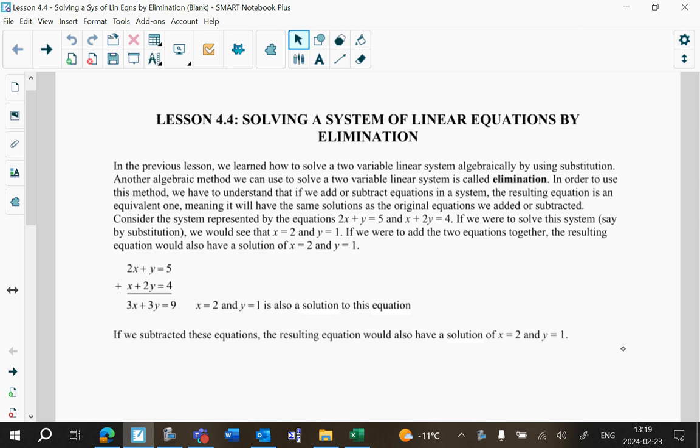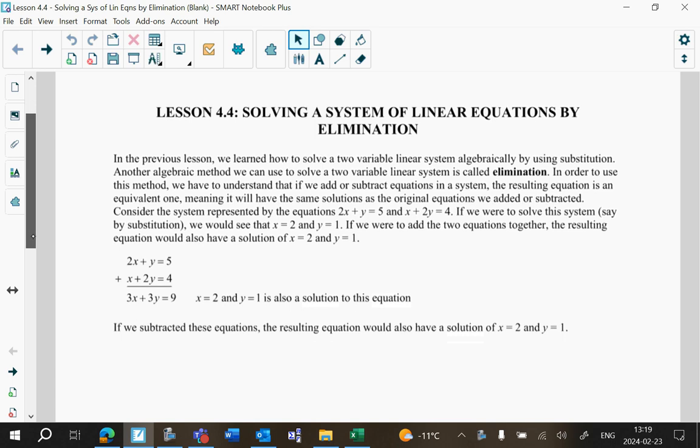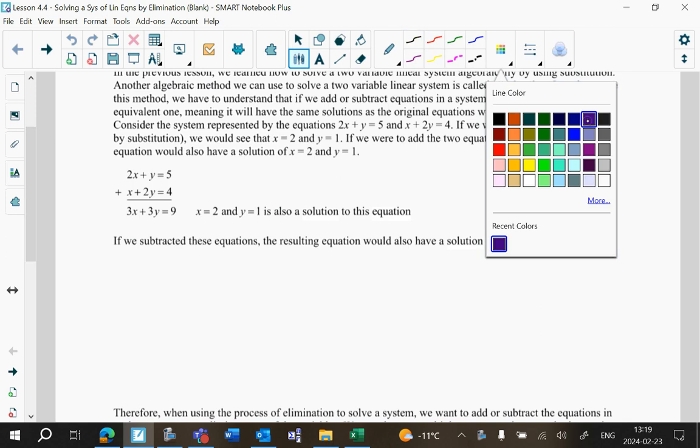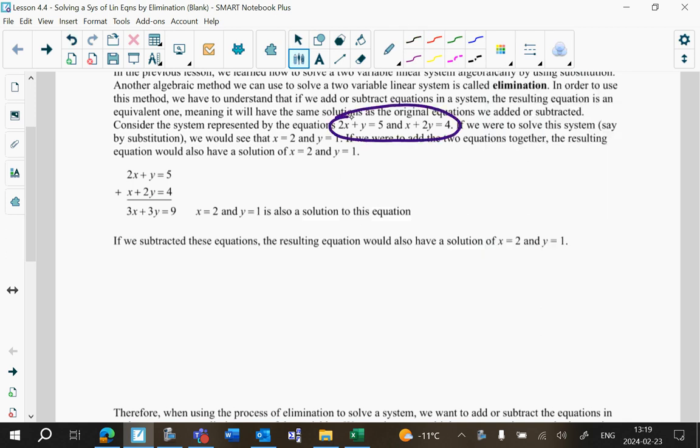So let's say that we're given two equations, a system, here. Okay. And we are told that the solution, so maybe we found it by graphing, maybe we found it by substitution. We are told that x is 2 and y is 1.